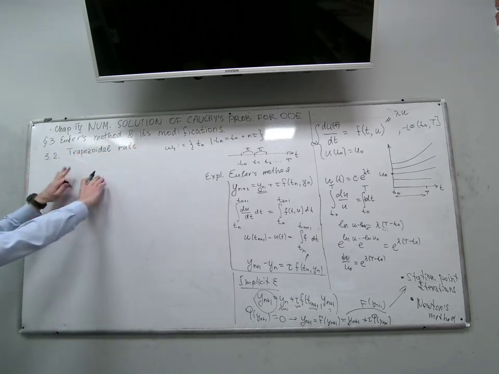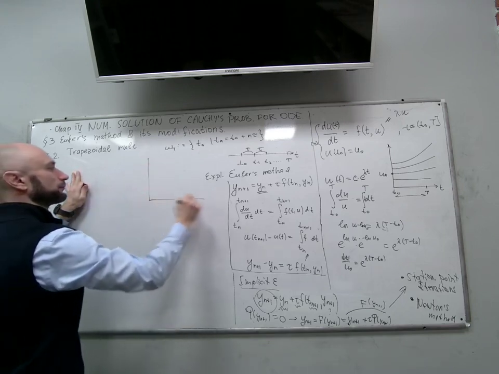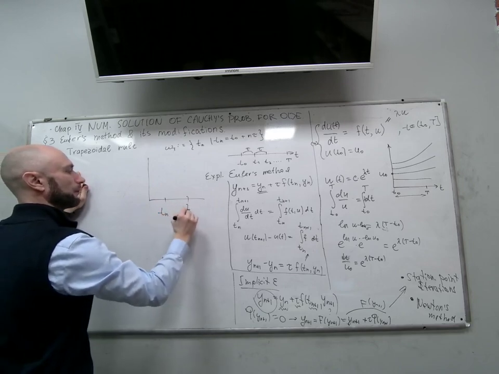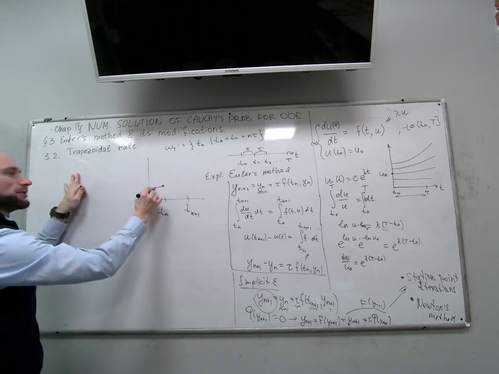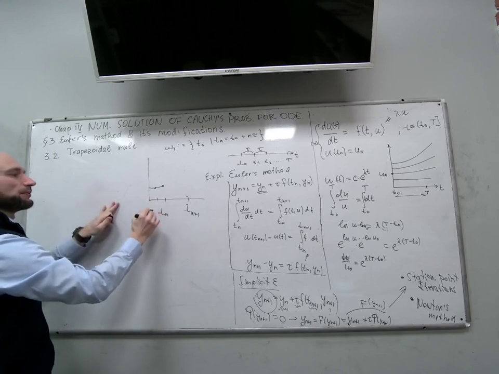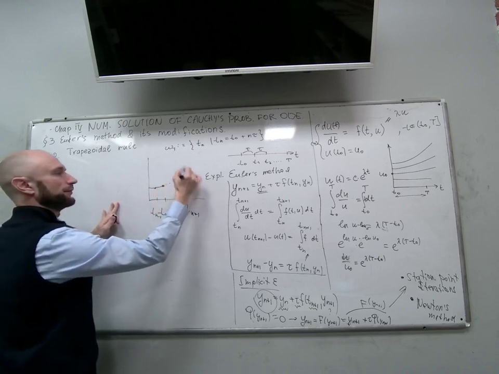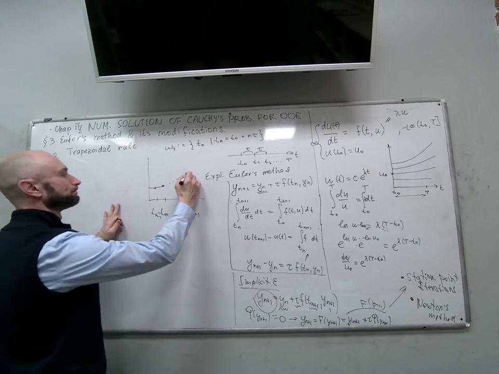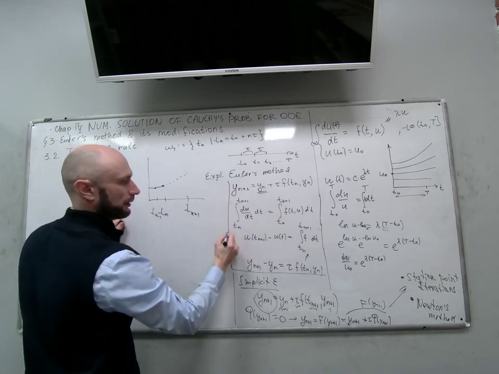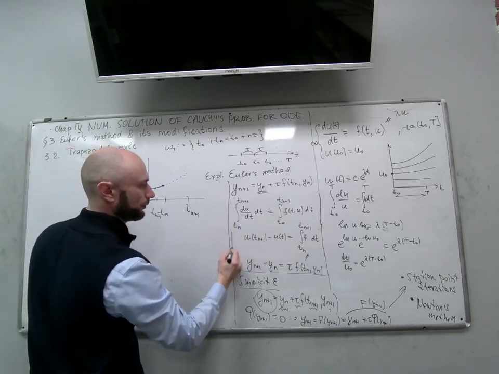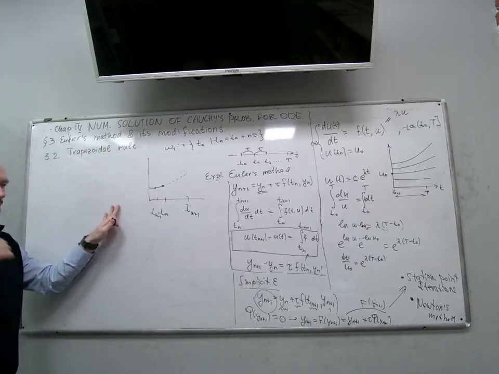Okay, let's talk about another approach. So suppose we know the approximation for our function up to this point Tn, and we want to go further. We have this integral form of the problem, and we start from here again.